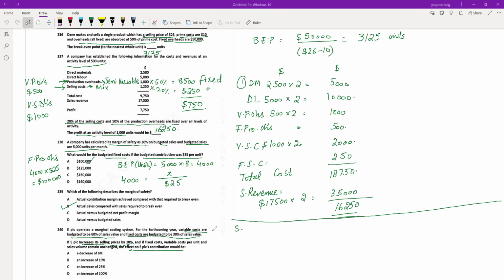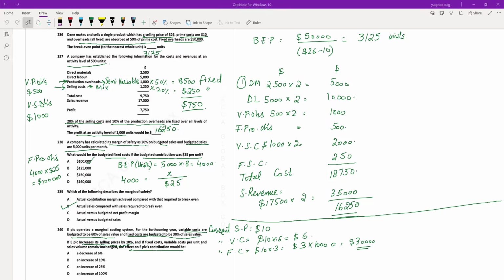We say that our current selling price is $10. We have current variable cost of 60% of this $10, and suppose we have fixed cost of 30% of $10, which is 3 multiplied by, suppose 10,000 units, $30,000.